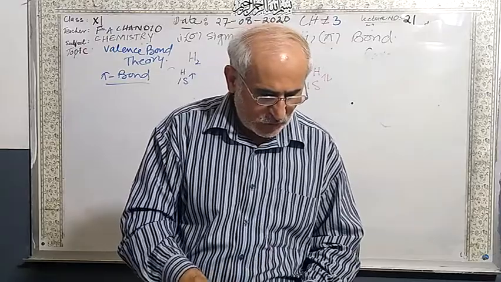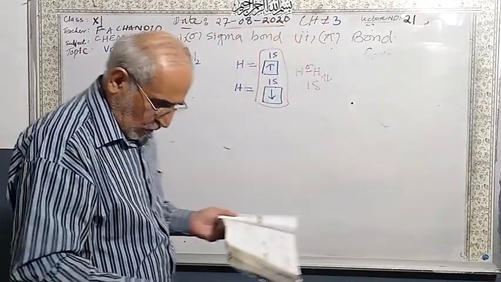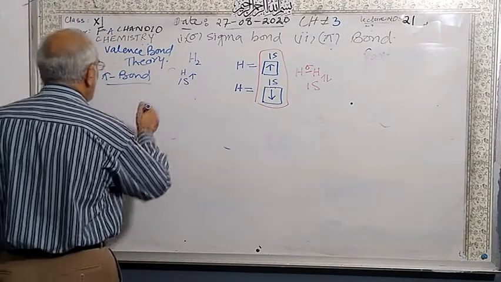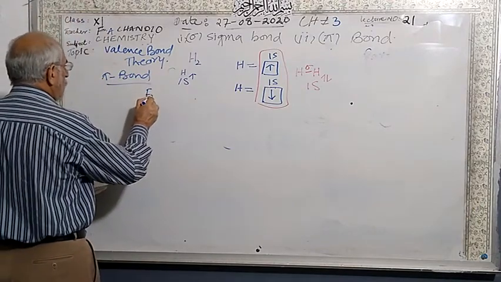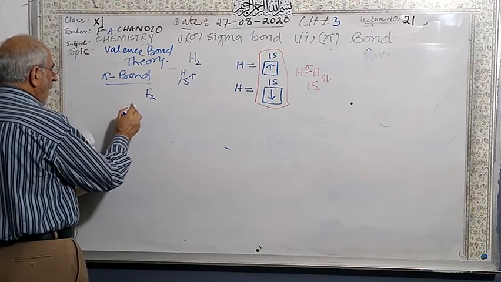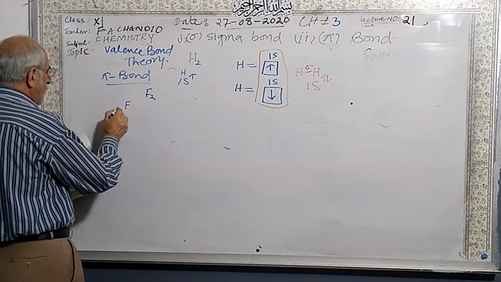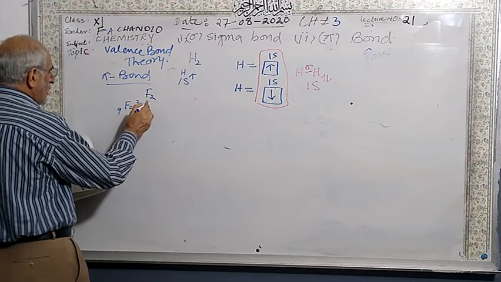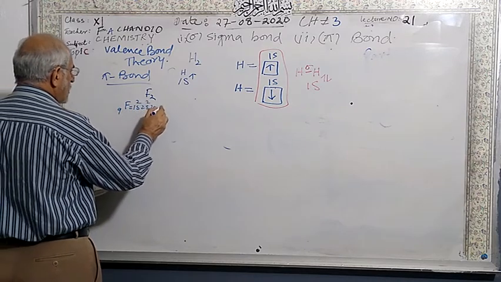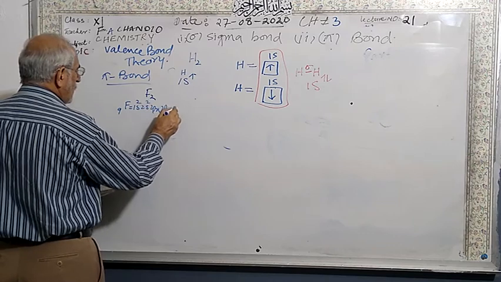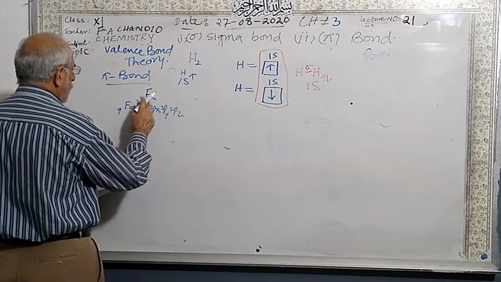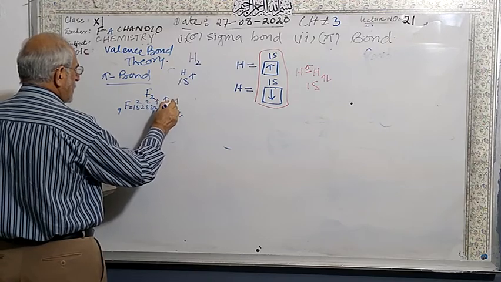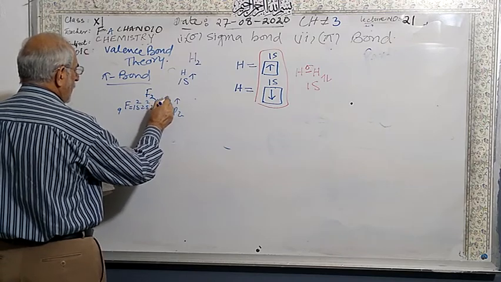The second example is the formation of the fluorine molecule. You know the fluorine atomic number is 9. So 1s2, 2s2, 2px, 2py, and 2pz: 2 and 2 is 4, then 5, 6, 7, 8, and 9.